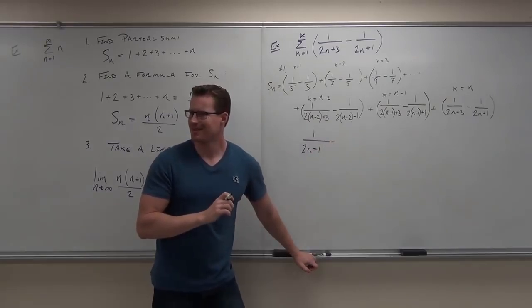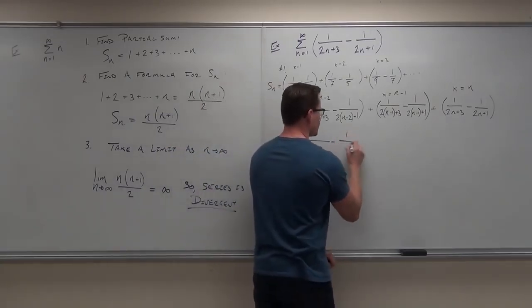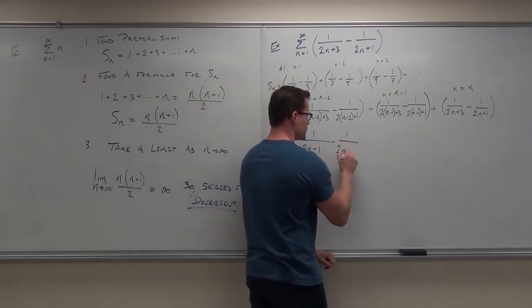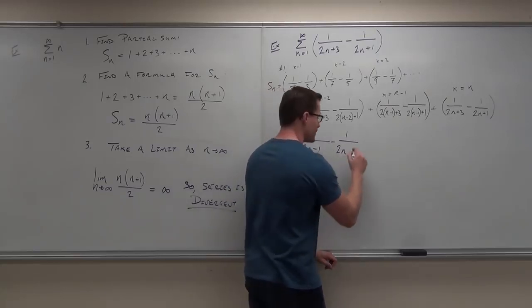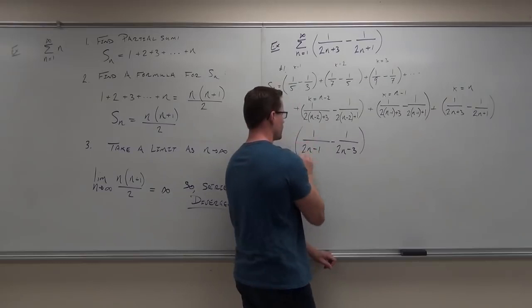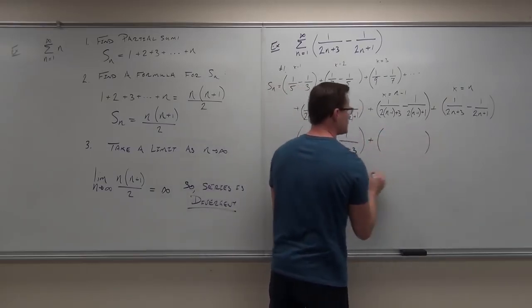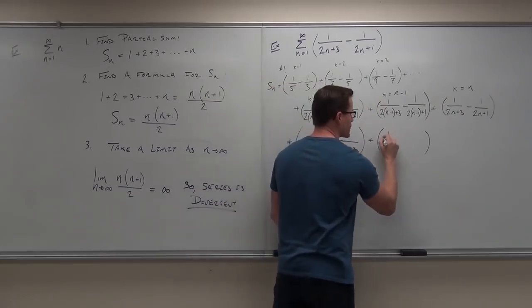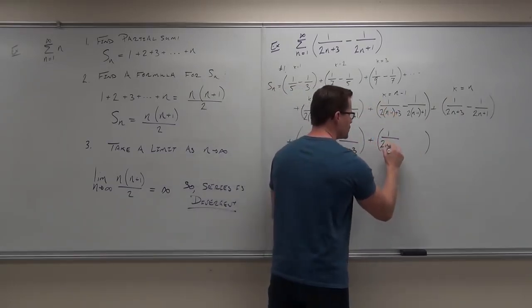You with me? Yes. This would be 1 over 2n. Do you see the minus 3? That one, come on folks, help me out here. Distribute, combine terms. 1 over 2n, what is it?